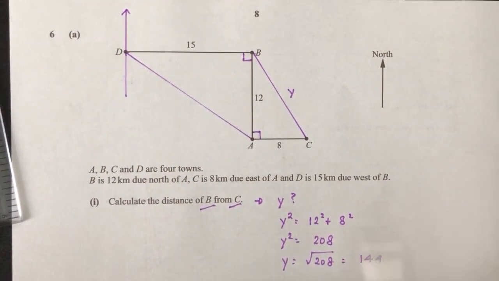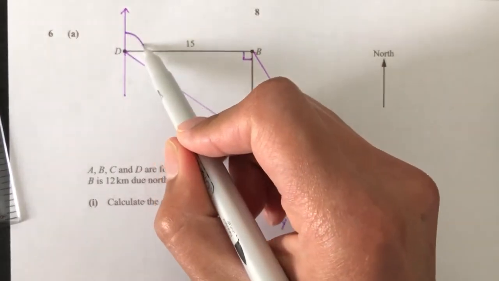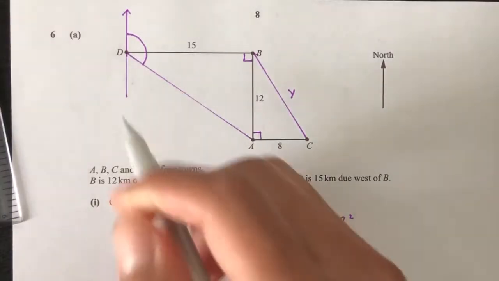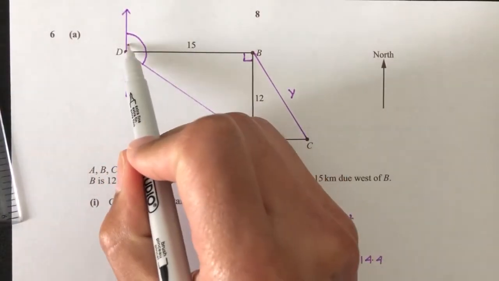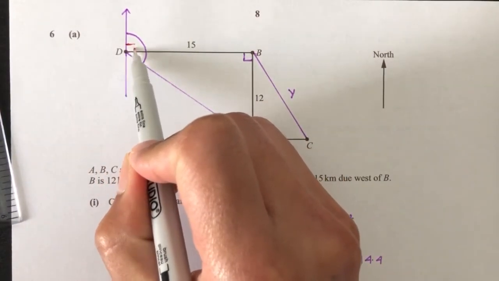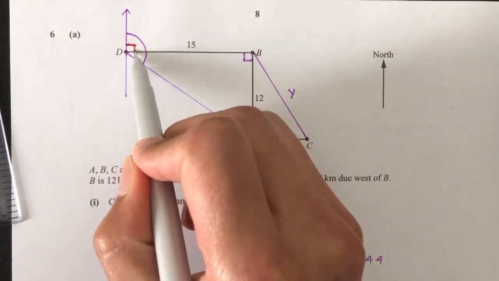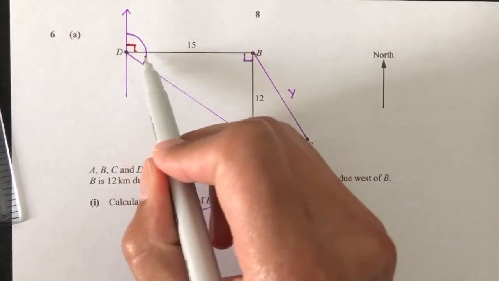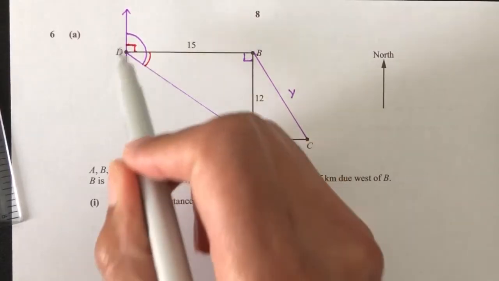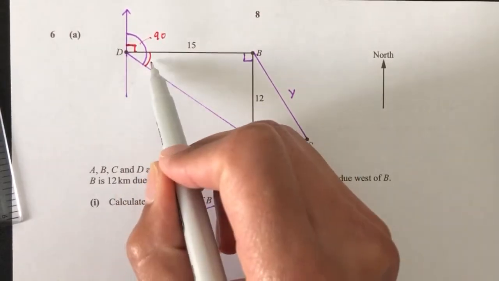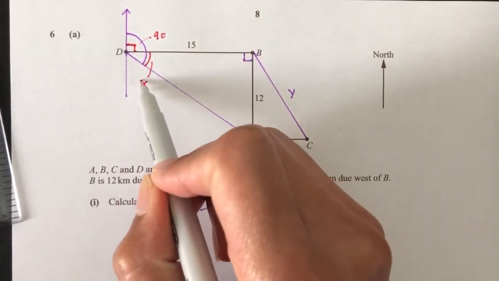We're looking for this angle right here, this big one. But as you can see, if this is north, this is 90. So we first have to find this inside angle only, and then we add 90. Let's call this angle X. Let's find X first.